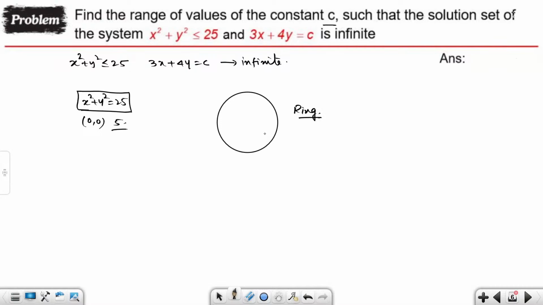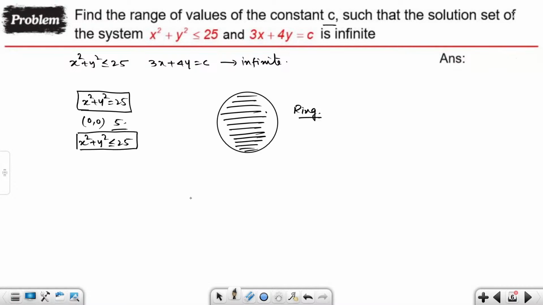It's a ring. But the moment you say x square plus y square is less than or equal to 25, it means we are talking about all the points inside this circle as well as on the circle. Because any point you take inside the circle is going to satisfy this inequation.